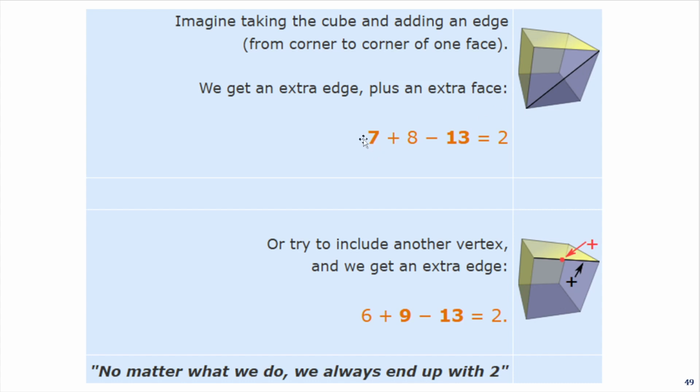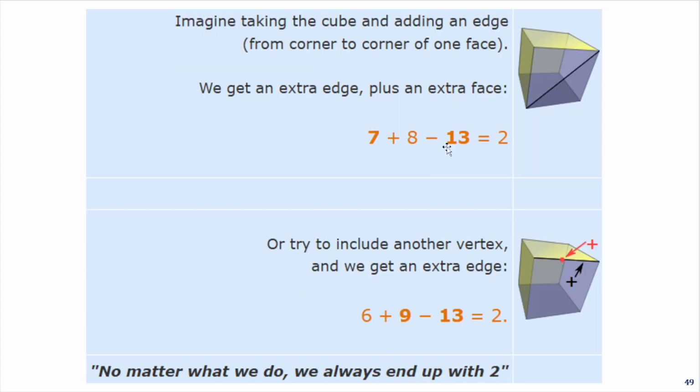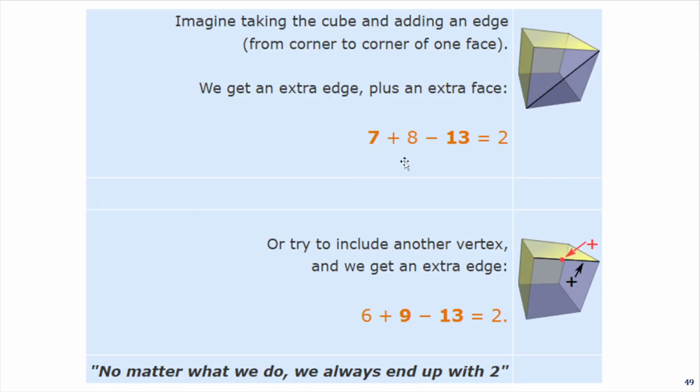Therefore, we have 7, which is the number of faces, plus the new number of vertices, which is 8, minus the new number of edges, which now becomes 13, right? Again, F plus V minus E is still 2.